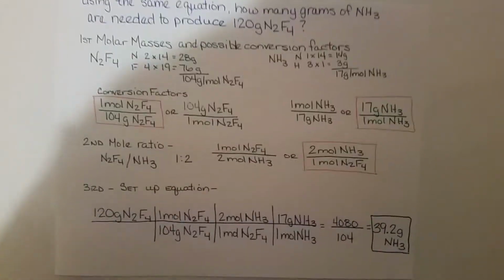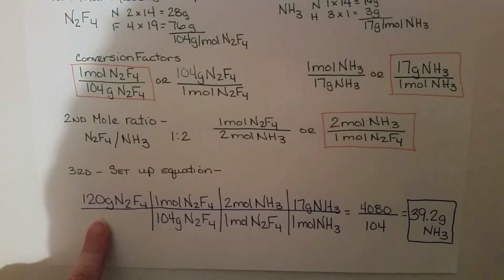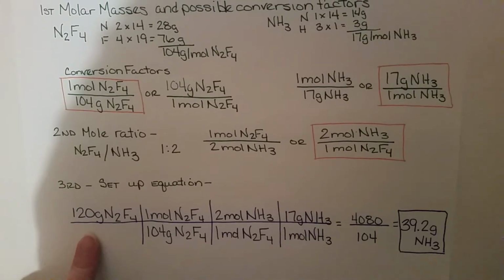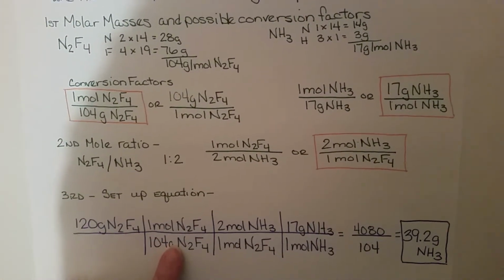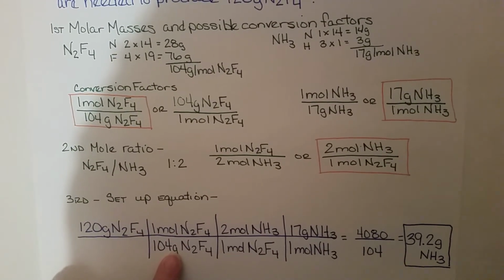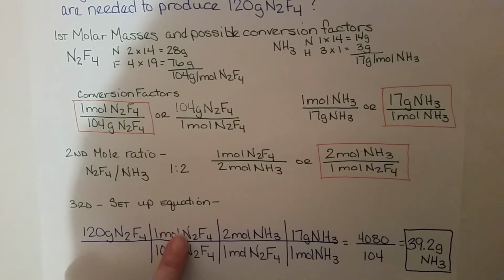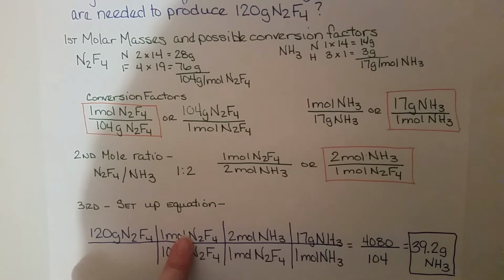So you start by writing down what you're given. In this case, you're given 120 grams of N2F4. You have to convert grams to moles, so you choose the conversion factor that puts grams on the bottom, so this way your grams cancel out. You now have 1 mole of N2F4. Here's where the mole ratio comes in.